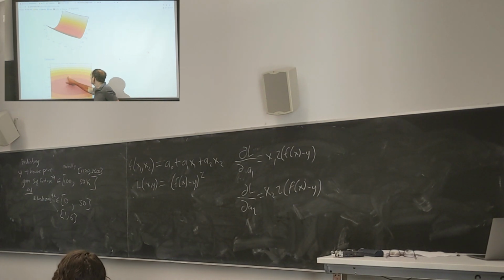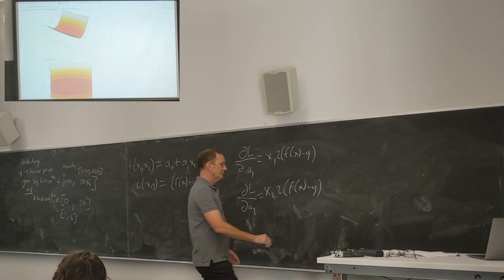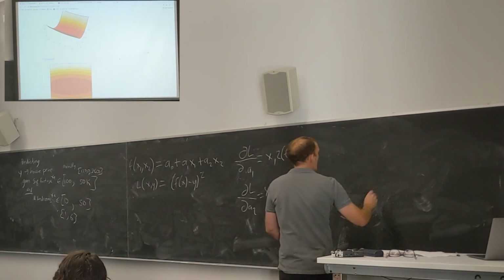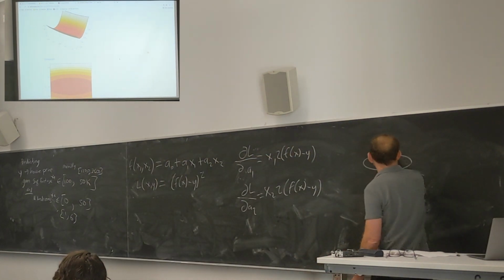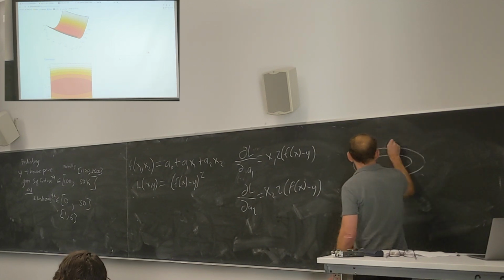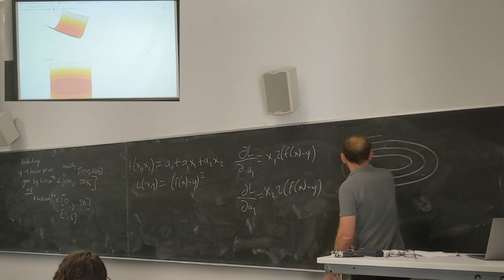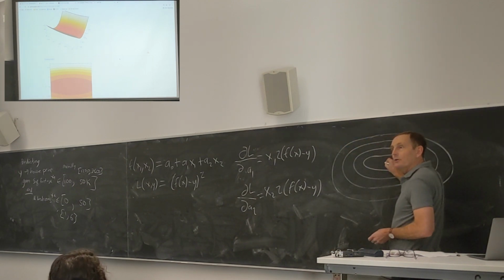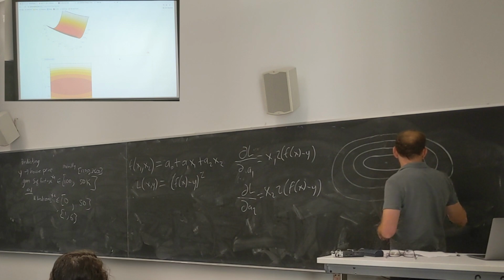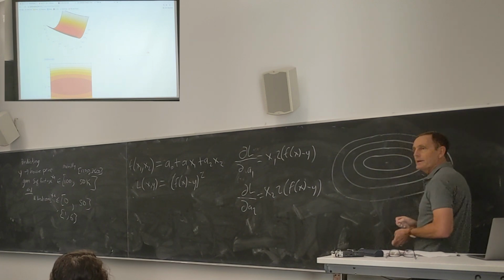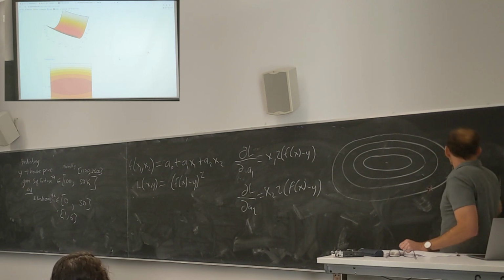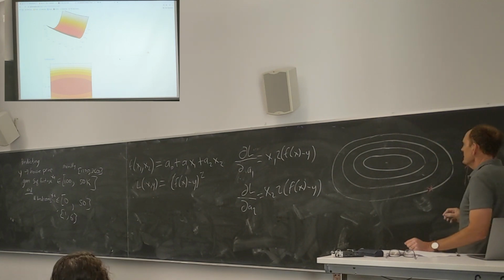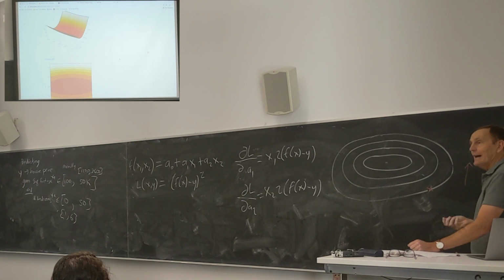So let's say we're here. We've got our contour map, something like that, and we're trying to go here, to minimize the loss. I'll use a colored chalk here. We're here right now. This direction is a high gradient.